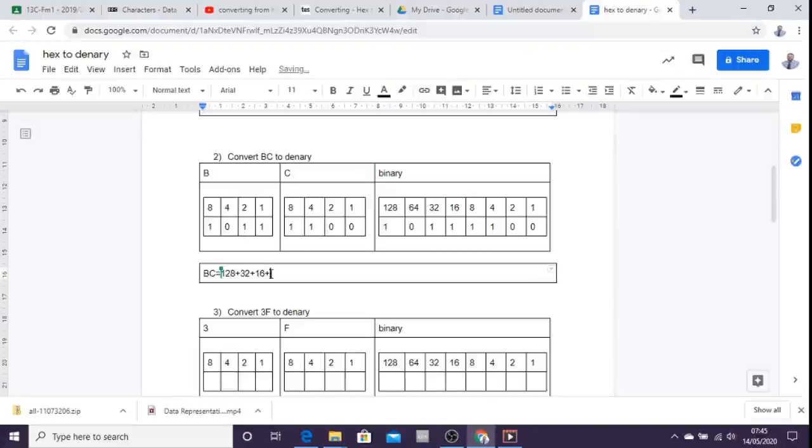I'm adding 8 and adding 4. And that's it. As you're working, take your time over this, don't make mistakes, and that should give you 188. So you've converted from hexadecimal to denary.